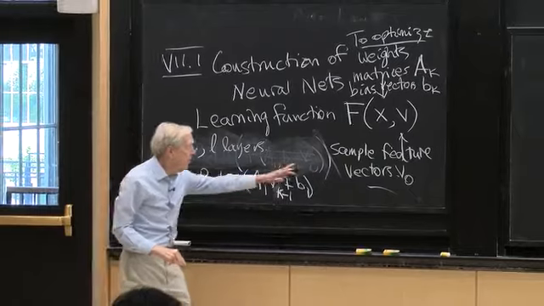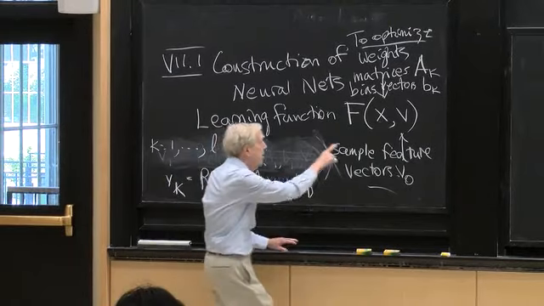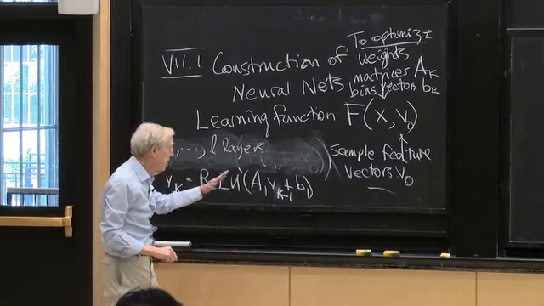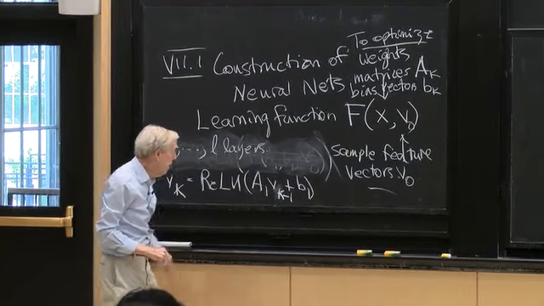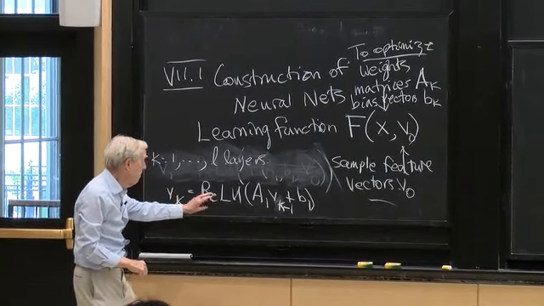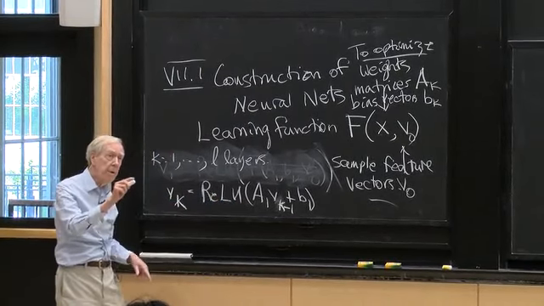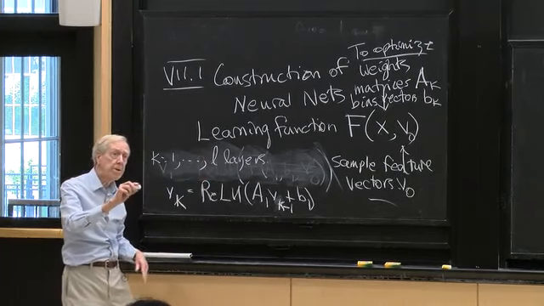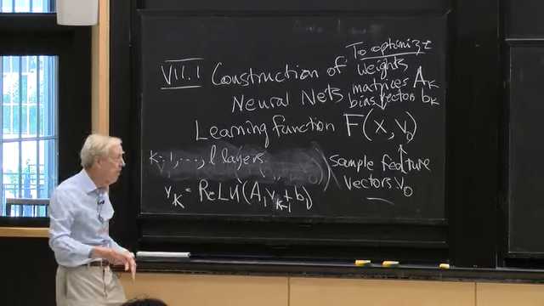So the input was V0. This is the neural net, input and output from each layer. And then V_L is the final output from the final layer.